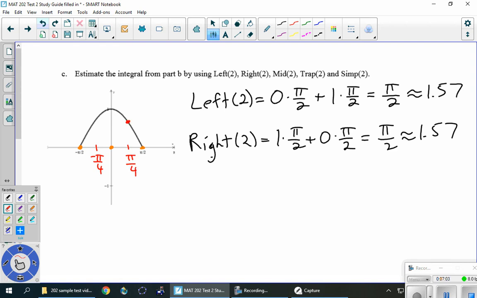So it's this point up here and this point up here. And so this y value, this was the cosine function, so it's just cosine of pi over 4, which is root 2 over 2, which is right around 0.707.